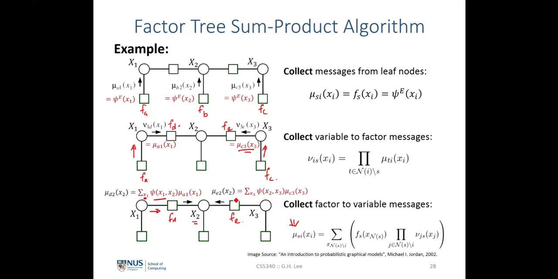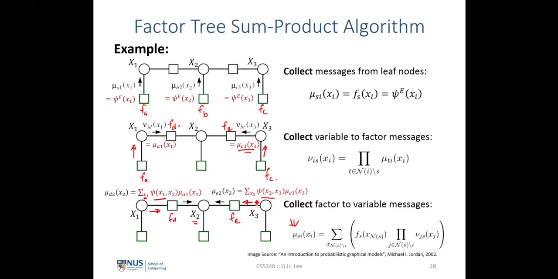And this means that we would have to marginalize away all the other random variables that are contained in these factors. This would be a multiplication over the factor fe, defined by the potential over x2 and x3, multiplied by the message that we have computed earlier from the random variable x3 to fe, which is defined by mu of x3 over here.